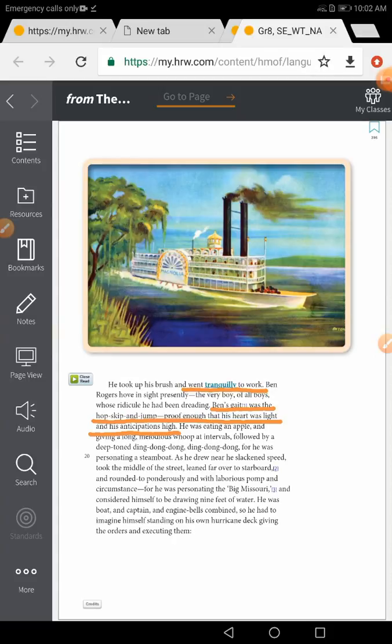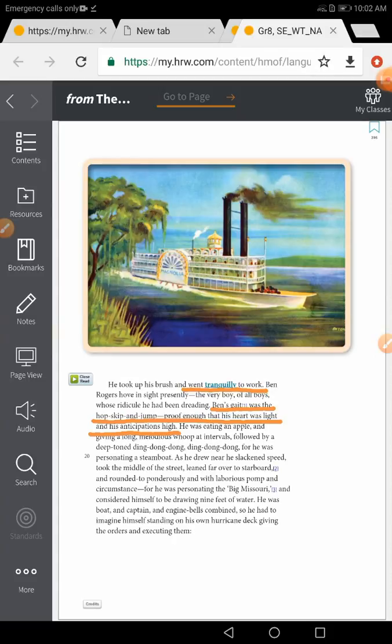Okay, forget about the first line. Go to line 15 to 17. Ben's gait was the hop, skip, and jump, proof enough that his heart was light and his anticipations high. Okay. Look at these two lines and try to answer the question. Let me just read the question for you.